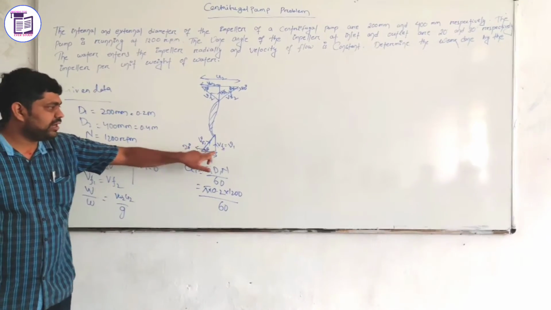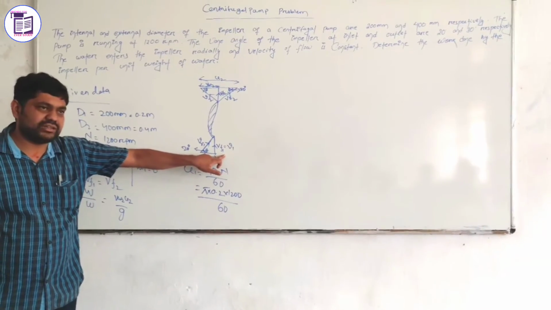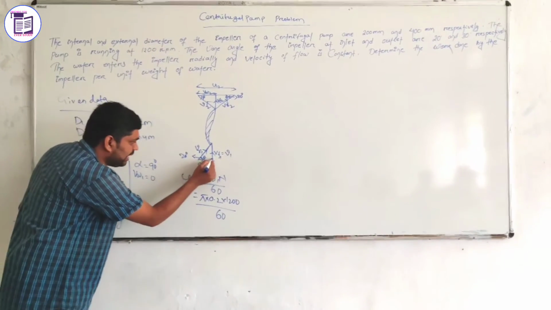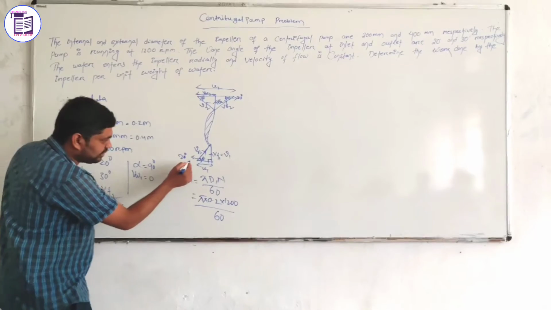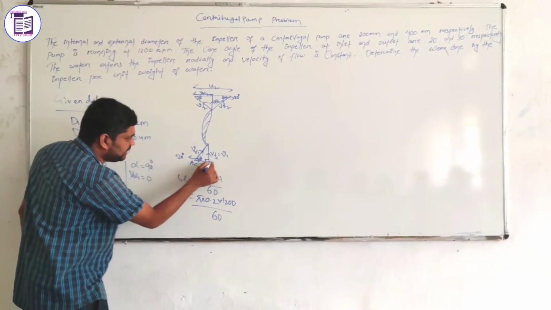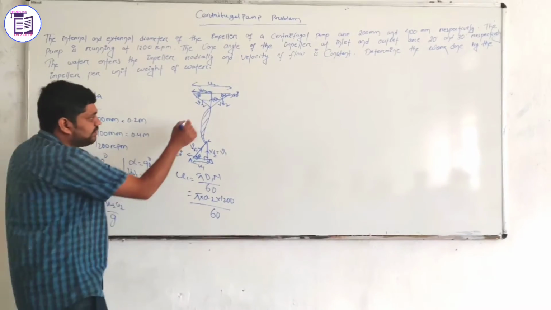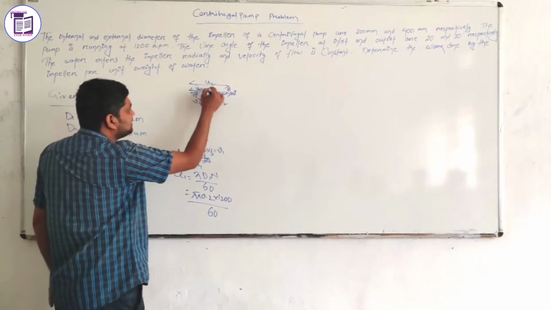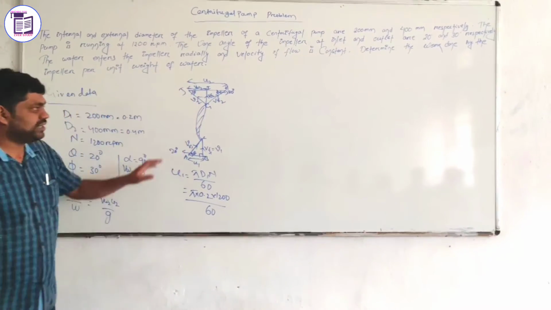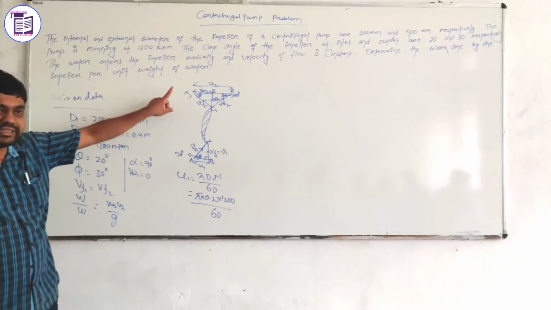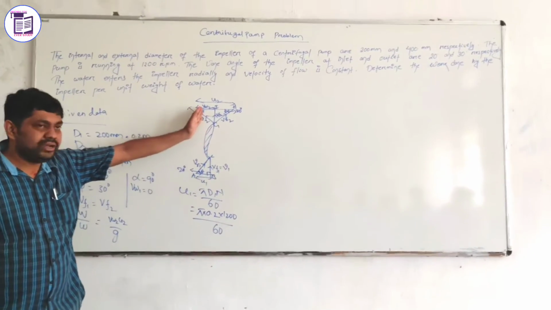This is clear, and alpha is equal to 90 degree. This is your 90 degree in this triangle, and you can name this triangle ABC. This is your triangle ABC, and this is your triangle GHIJ. This is your inlet triangle and this is your outlet triangle.